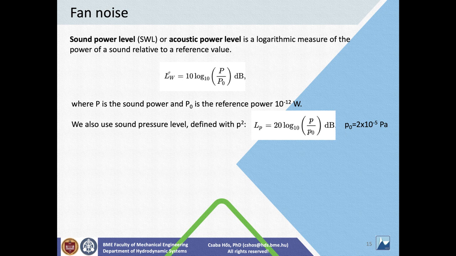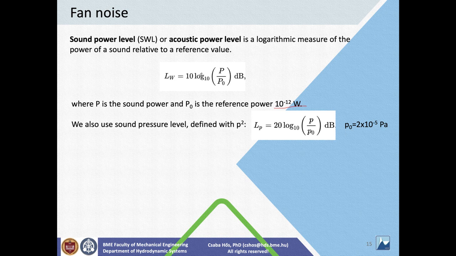Okay, this is very important. So by definition, you divide the acoustic power by a reference value, which happens to be 10 to the minus 12 watts. And then you take the 10 base logarithm of it and multiply by 10.